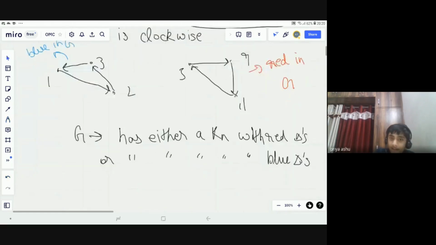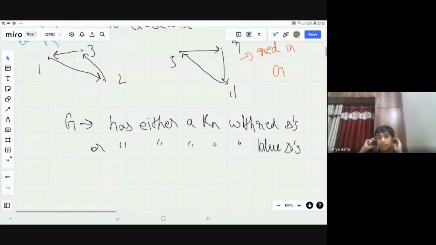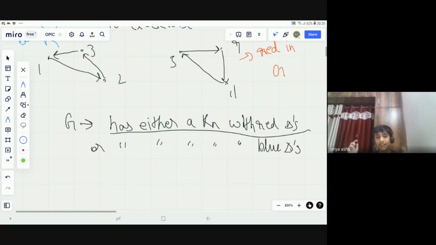Both of the cases are exactly the same. So we'll just do the first case, when G has at least n vertices, like a Kn with red triangles.